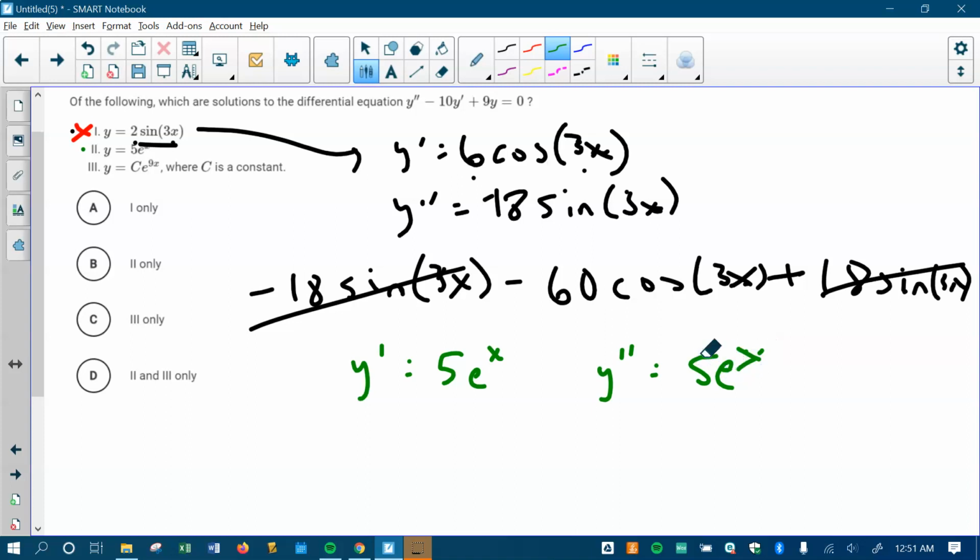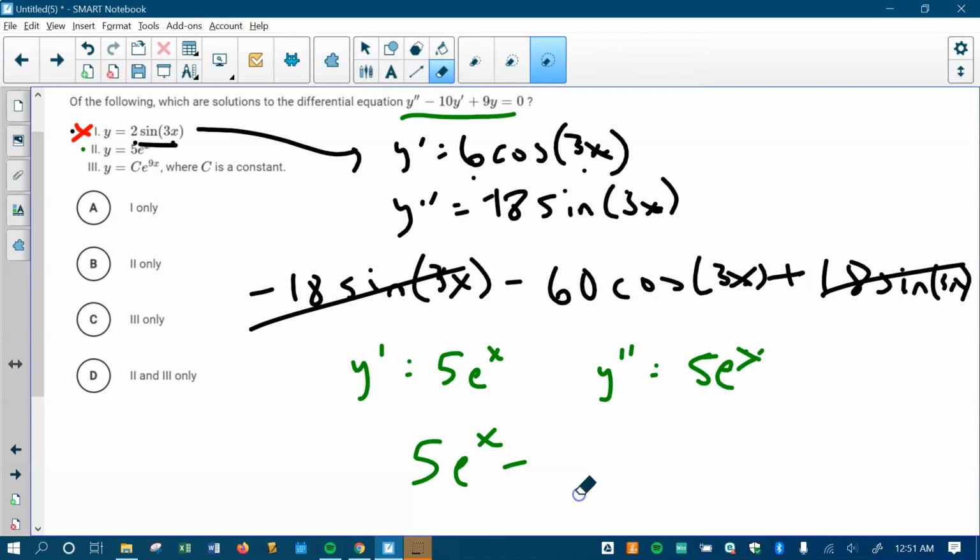So 5 e to the x minus 10 times the 5, so it's minus 50 e to the x.